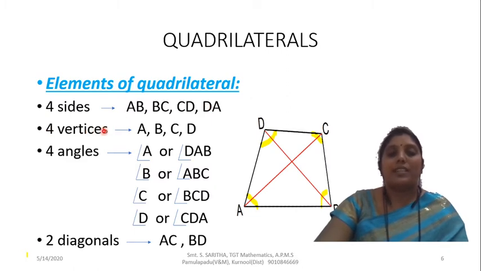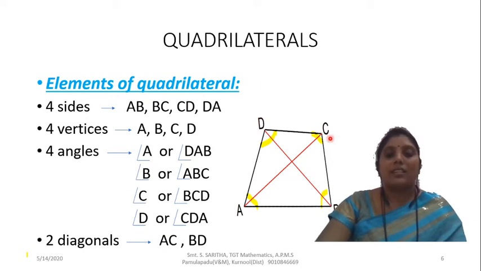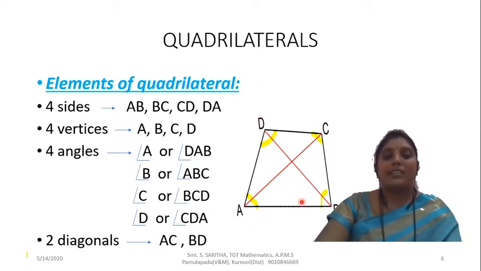It has four vertices, vertex A, vertex B, vertex C and vertex D. It has four angles, angle A or angle DAB or angle BAD, angle B or angle ABC or angle CBA, angle C or angle BCD or angle DCB, and angle D or angle CDA or angle ADC. Also it has two diagonals, diagonal AC and diagonal BD.